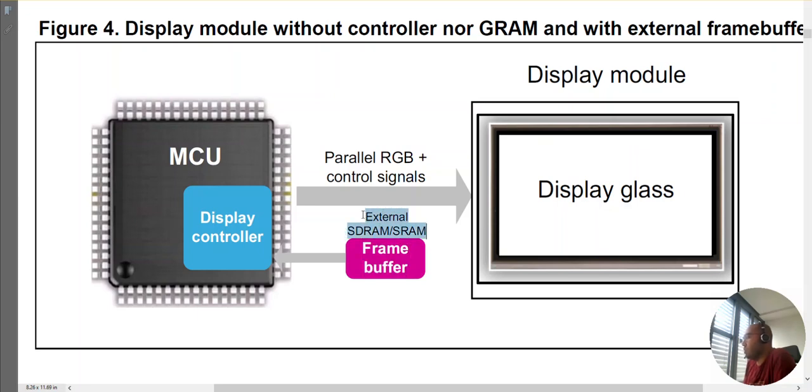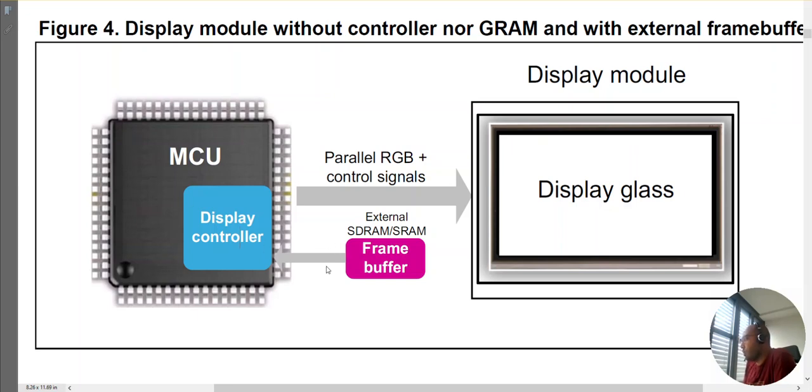So we have the external memory, we have the display, and we have the MCU which contains a display controller. This display module has some timing limitations, so the bandwidth of the bus here is very important.